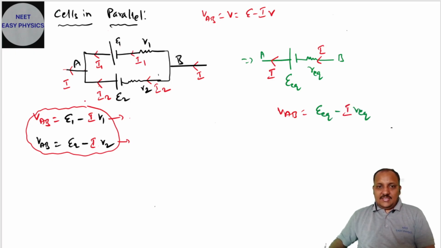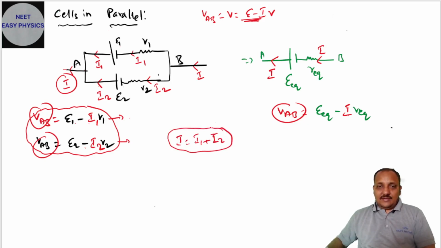Now, what is the same among all these? VAB, VAB, VAB. From the diagram, I is equal to I1 plus I2.